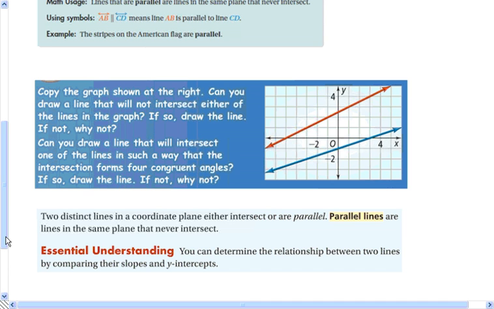All right, here's the graph. Can you draw a line that will not intersect either of the lines in the graph? If so, draw a line. If not, why not? The answer is no, you couldn't, and you can try if you want.